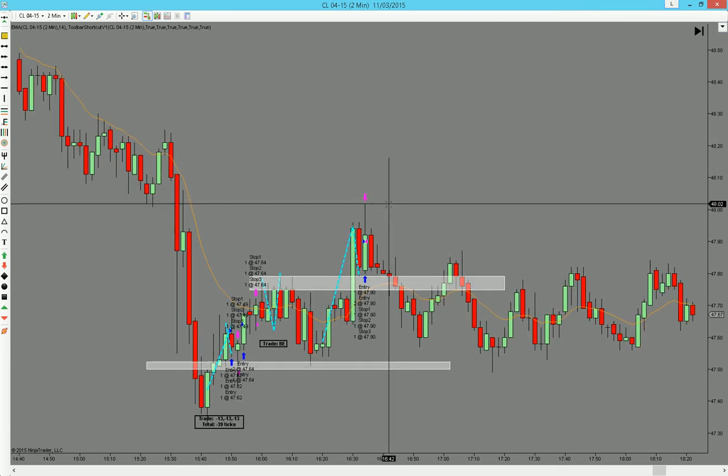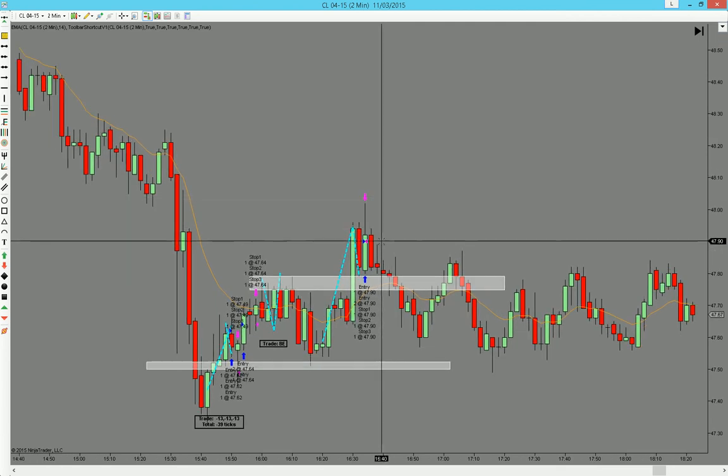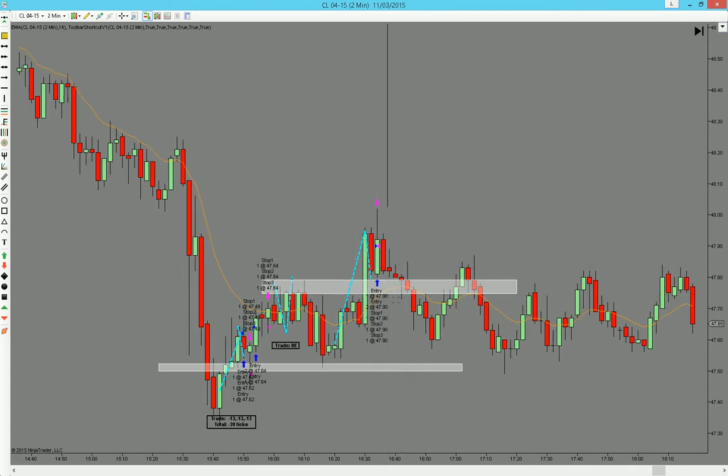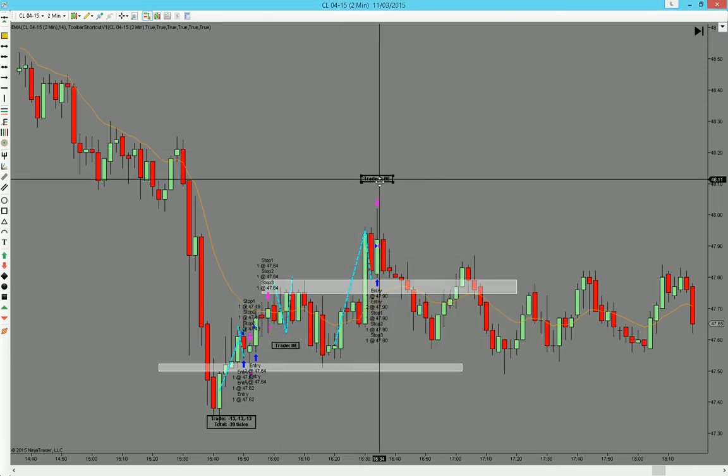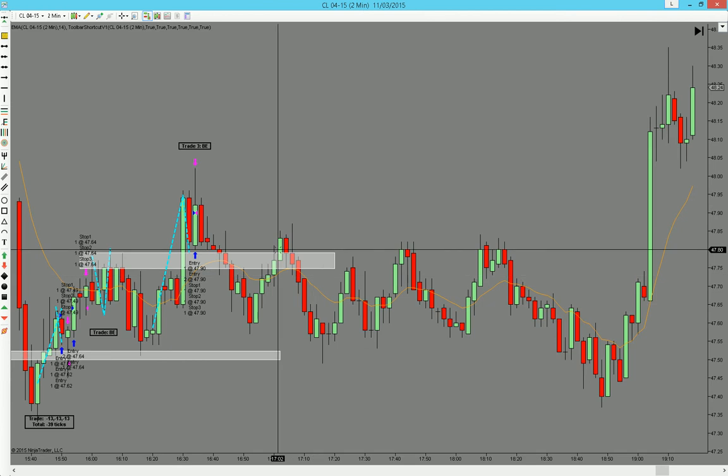I think we missed the first target by 2 or 3 ticks. So again, break even trade. Trade 3, break even.